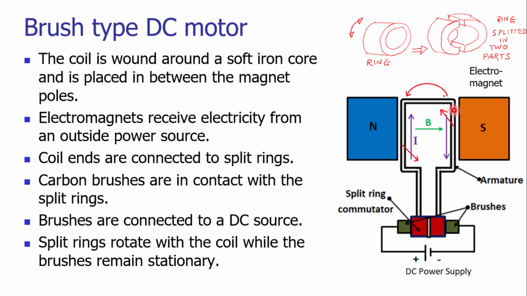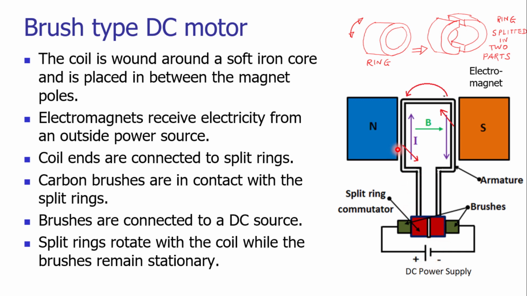As it is pushed in the anti-clockwise direction, this portion again gets closer to the north pole, and once again there is a change in polarity. So it will restore its positive polarity.